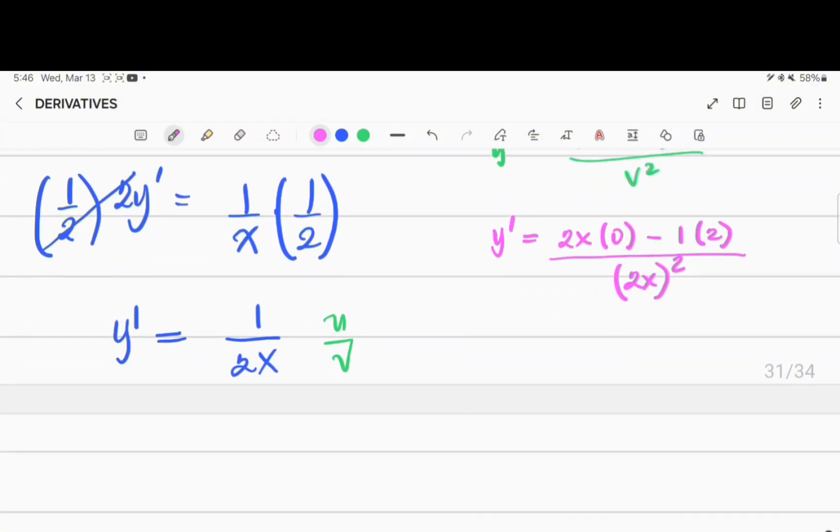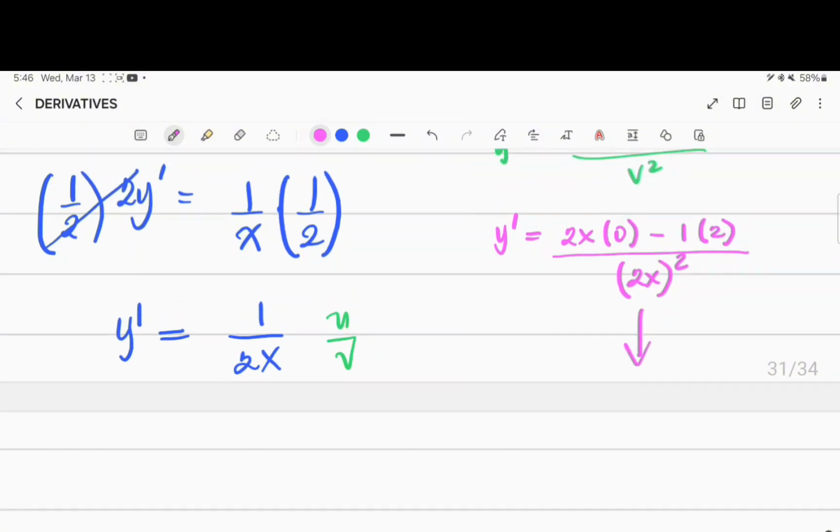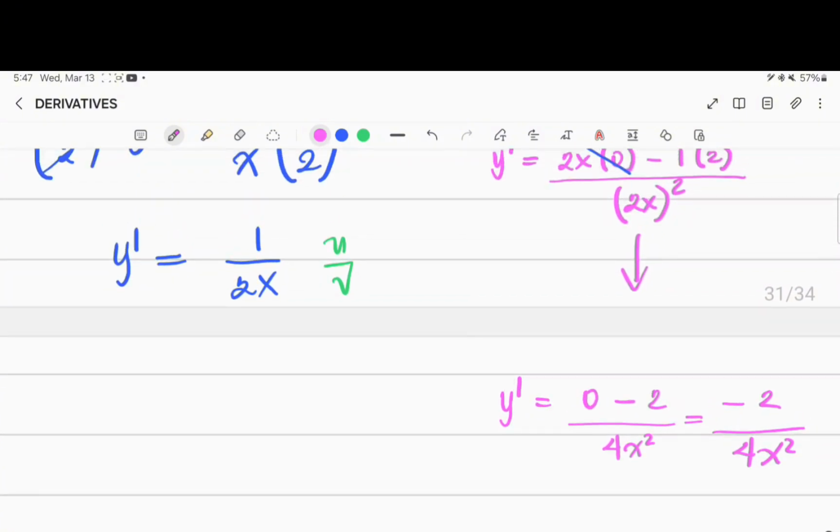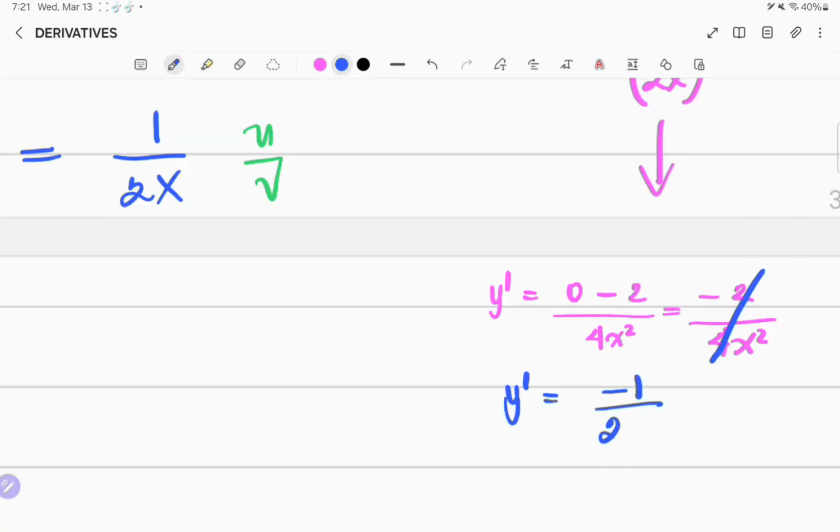As we simplify this, it will become y prime equal to 0 minus 2 over 4x squared, which is equal to negative 2 over 4x squared. As we continue to simplify this, our y prime is negative 1 over 2x squared.